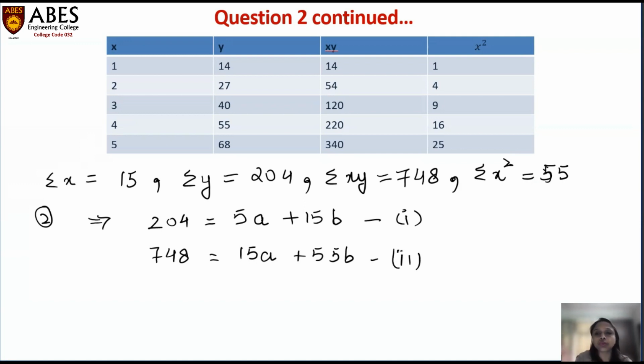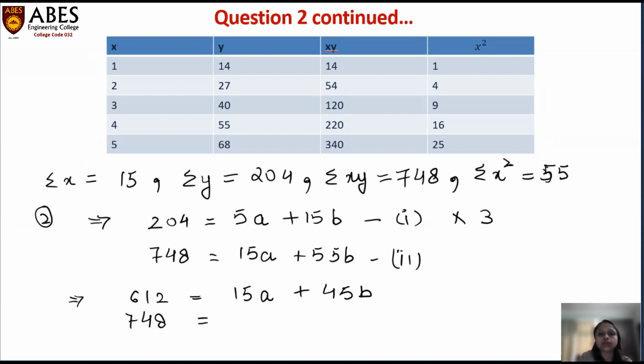On solving these two equations, we can multiply the first equation by 3. So we will get 612 equal to 15a plus 45b, and we can subtract both the equations. The second equation will remain as it is.